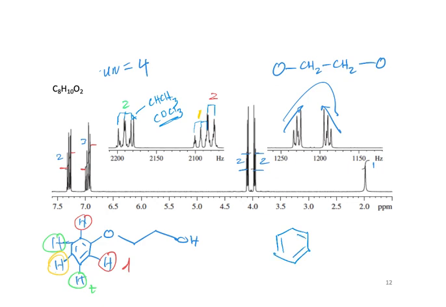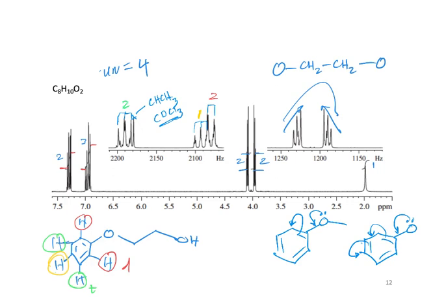If we have an oxygen like this that has non-bonding electrons on it, then these electrons can be donated into the ring. So they can go to this position, or they can go all the way to this position.